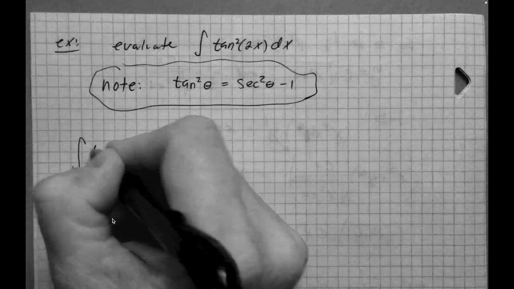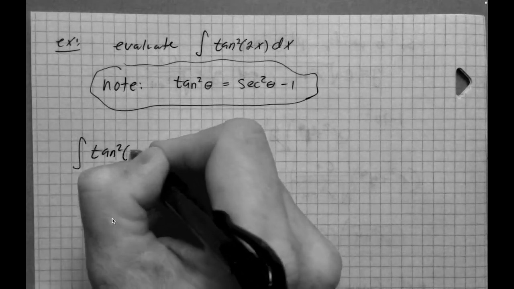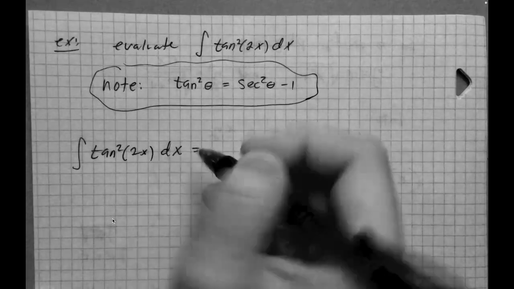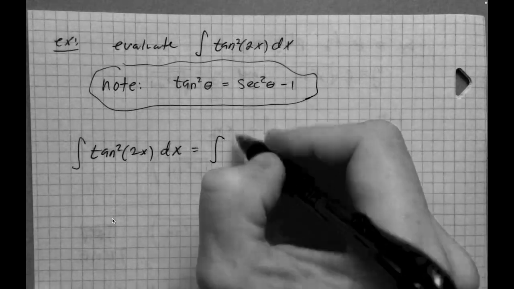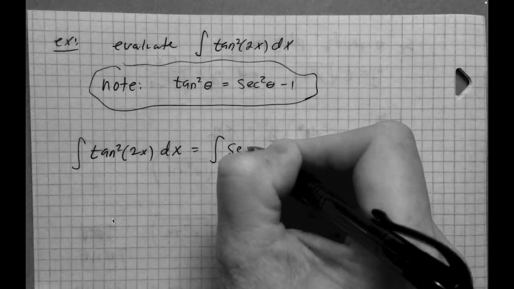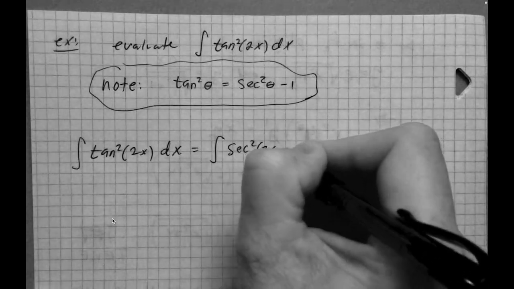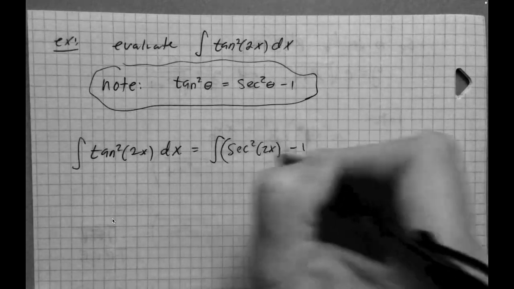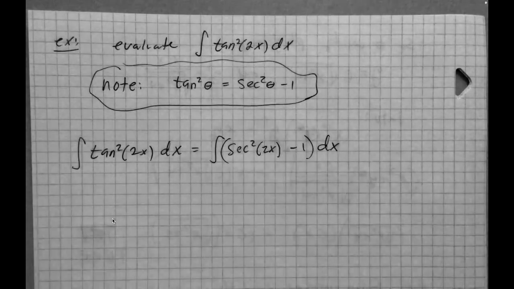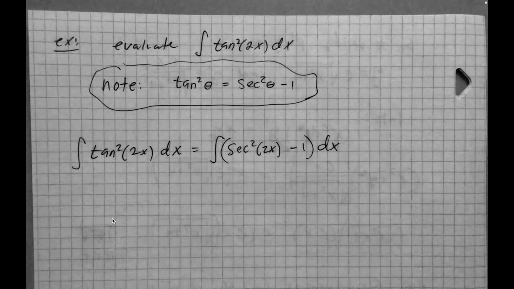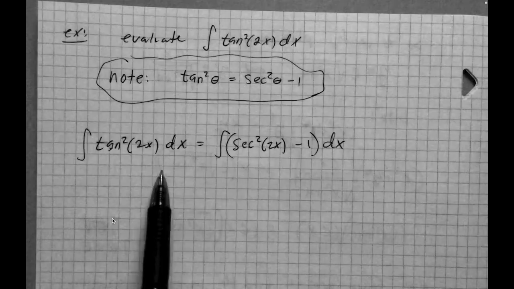So the integral of tan squared 2x dx is going to be equal to the integral of secant squared 2x minus 1. That's nice. These trig identities, these trig functions have the same values, so you can swap them out.